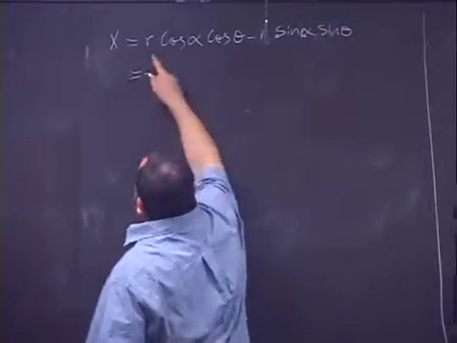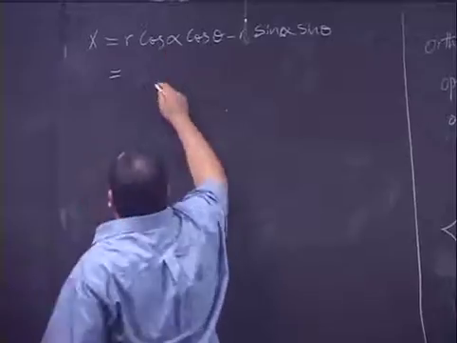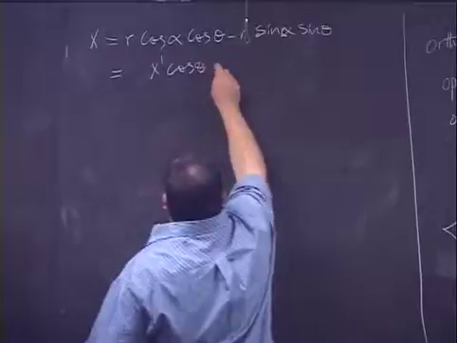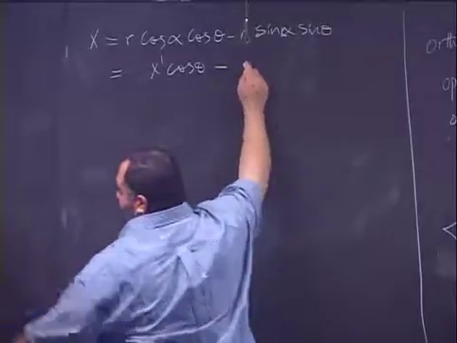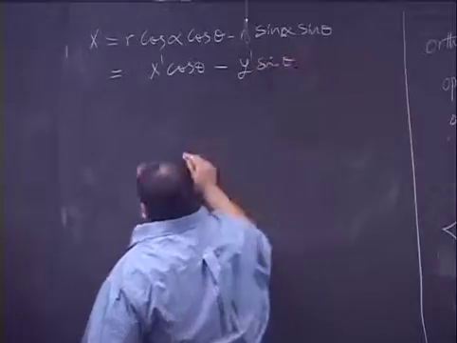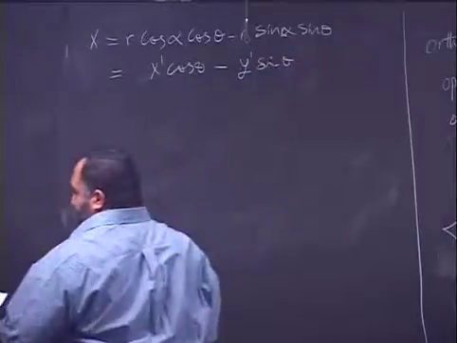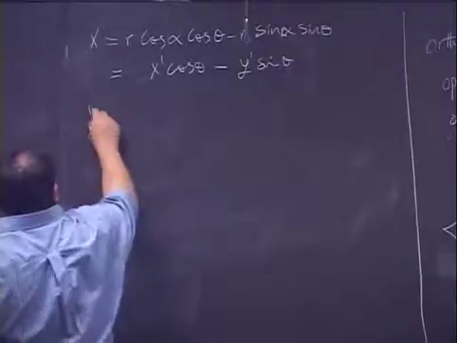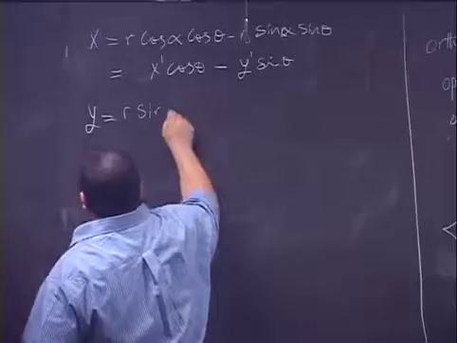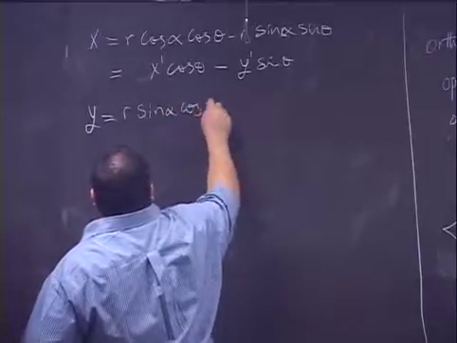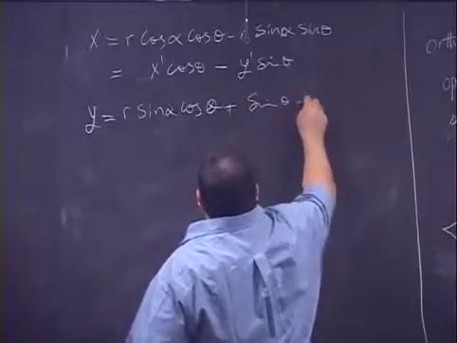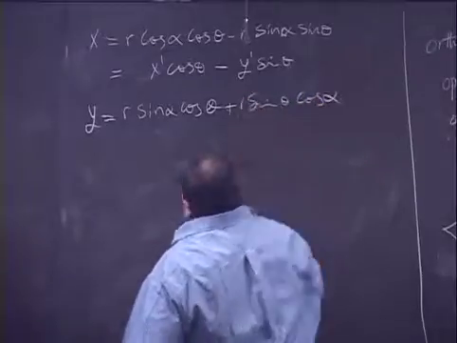So this will give you r cosine alpha, which is x prime, cosine theta, minus r sine alpha, which is y prime, sine theta. Now let's decompose the second one. y equals r times sine alpha cosine theta plus sine theta cosine alpha.